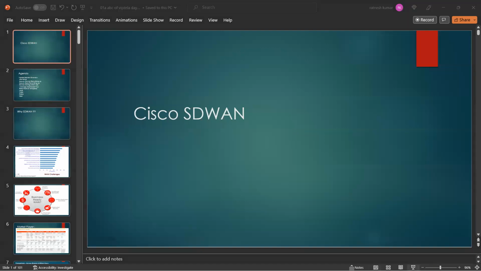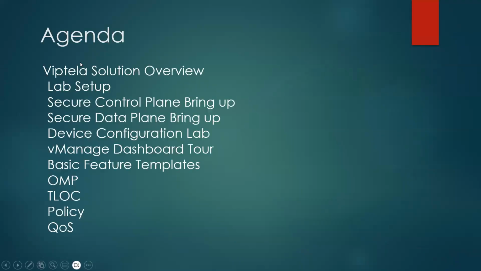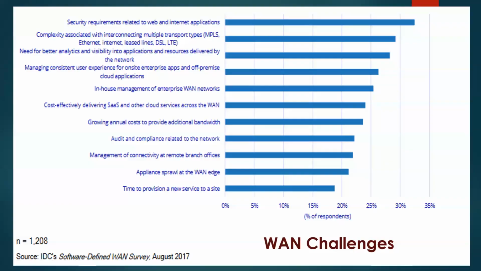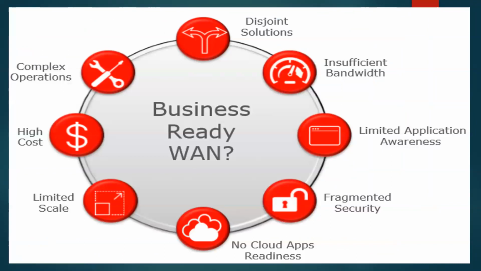let me maximize this. We will see why we need SD-WAN: because we want cloud integration, reduction of MPLS cost, security enhancement, APIs, all sorts of nice features. That's why we are using this. This is a little bit older slide, maybe 4 or 5 years back, a few of the slides, not all.